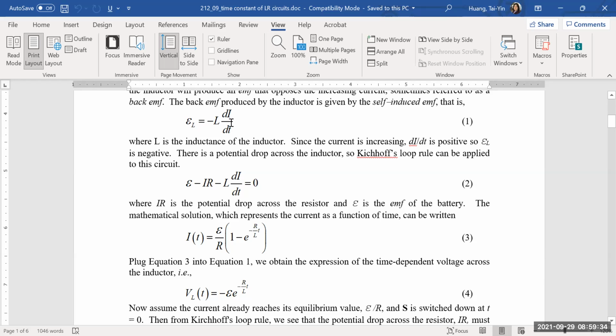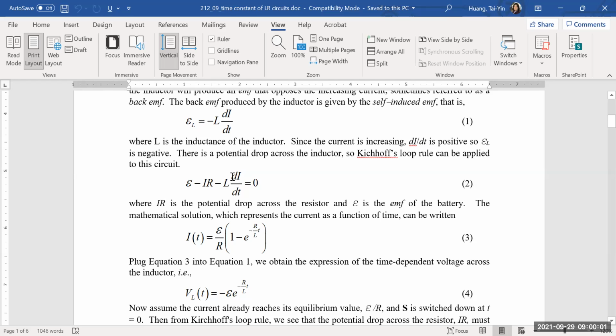And of course, we know that in time, the current is going to reach a steady state, then this term will become 0. But before that, there's going to be a back EMF in the inductor. So anyway, when there's a battery in the circuit, you have the EMF minus IR minus L di over dt. As you can see, this is a first order differential equation, with a source term.